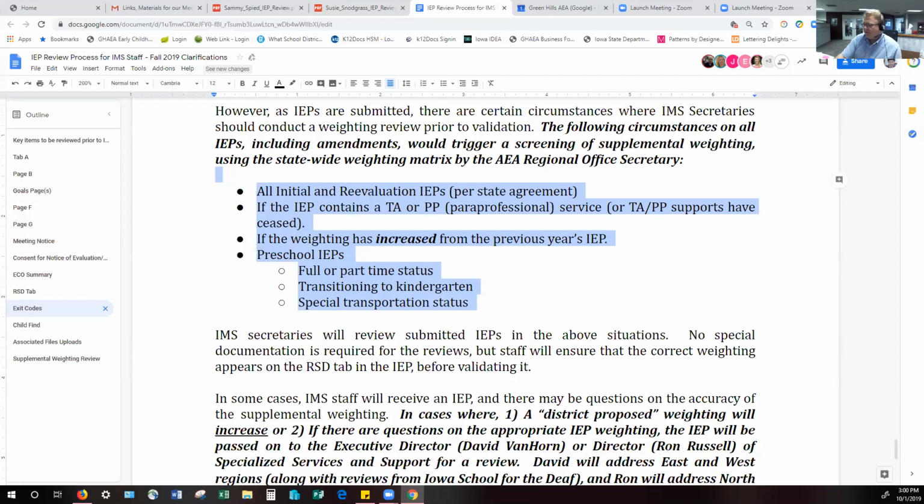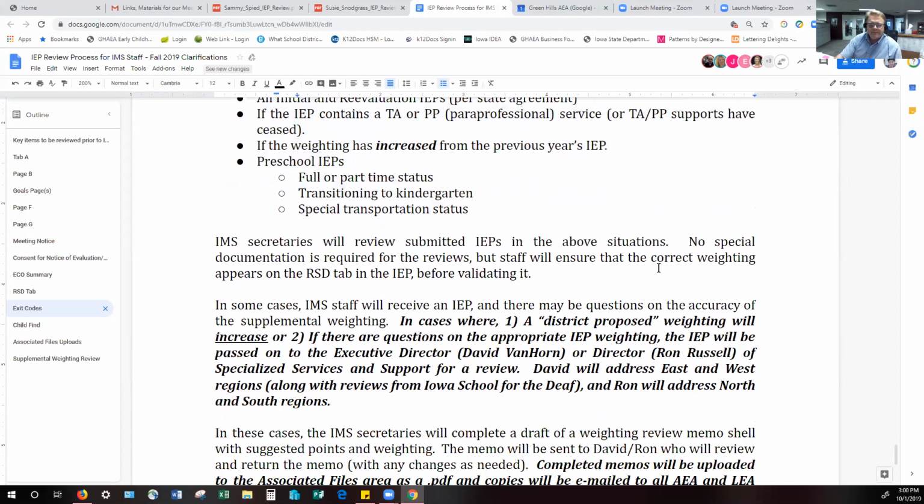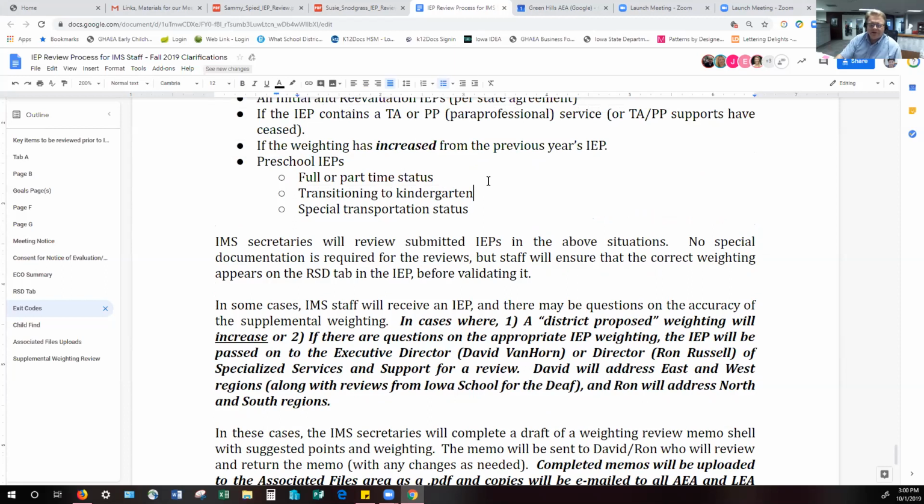I think you'll all have your different ways, but I'm not asking you to complete a formal matrix. So those are the cases where you're going to validate the correct weighting before validating the IEP.